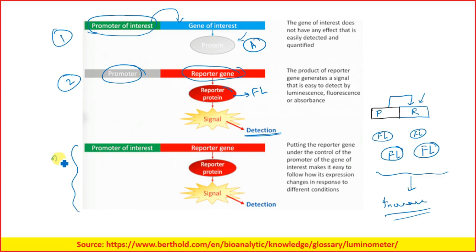Then in the third part you will ligate this promoter of interest and the reporter gene within a plasmid, which will then be transfected into either the microbes or the human cell.